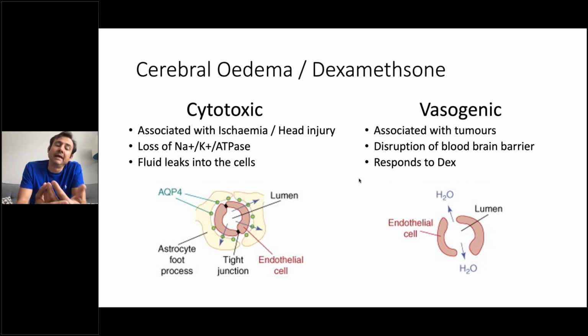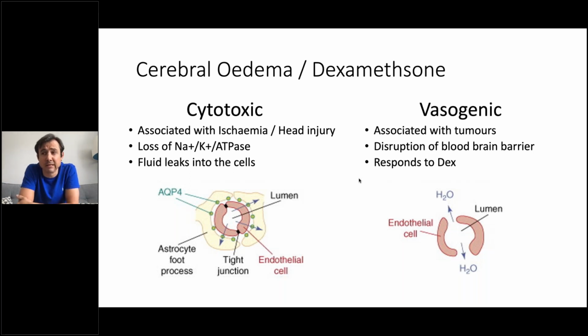So in many ways, dexamethasone isn't indicated in cytotoxic edema, although the lines seem to be getting more and more blurred, especially with vascular cases. People seem to be using dexamethasone more for vascular cases. There was a big study recently looking at steroids in head injury.